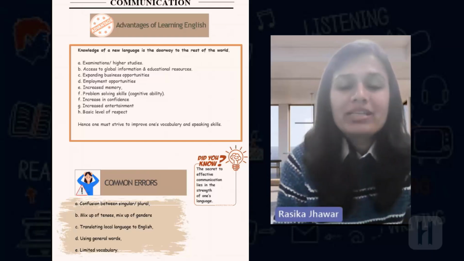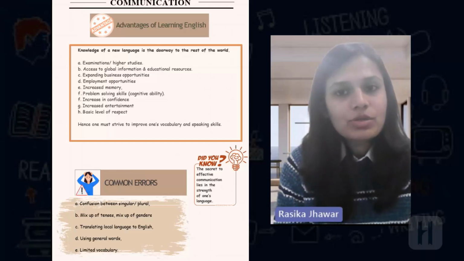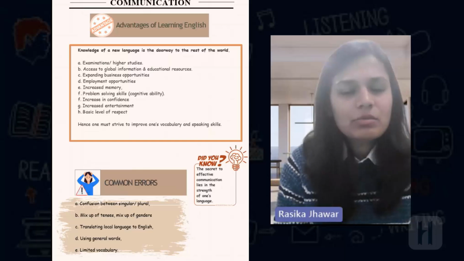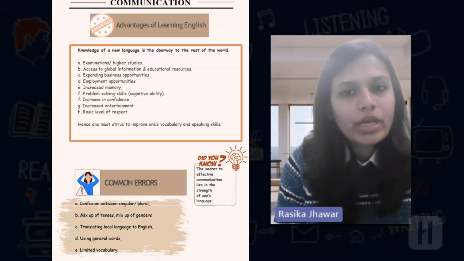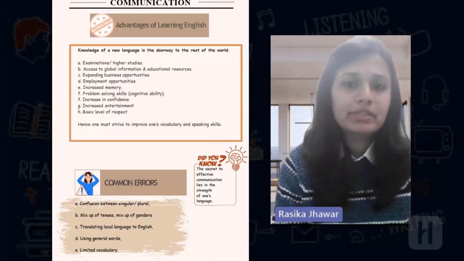It will also lead to a mix up of tenses, a mix up of genders, and the language you will be using will be very general, with a very limited vocabulary. These are some of the common errors we are prone to when learning a new language. So you should keep these errors in mind and see that you don't commit them.